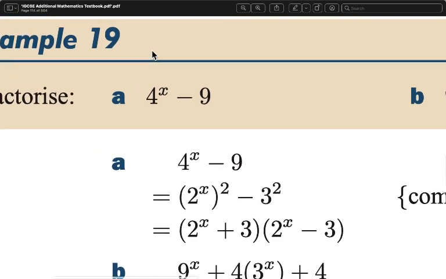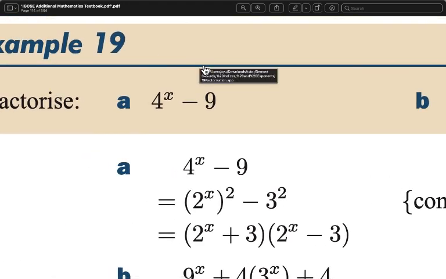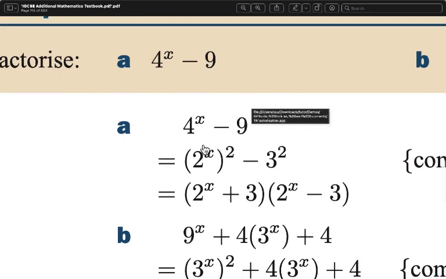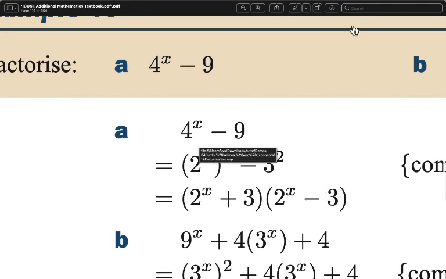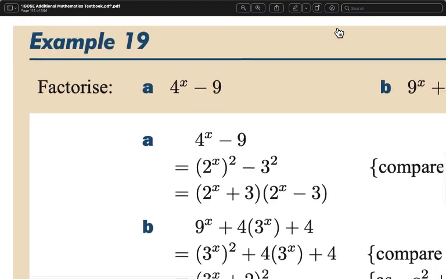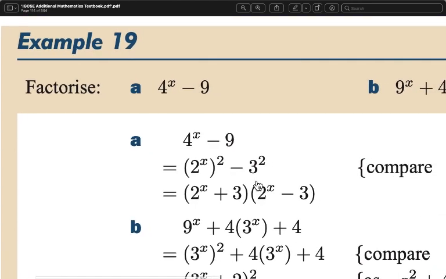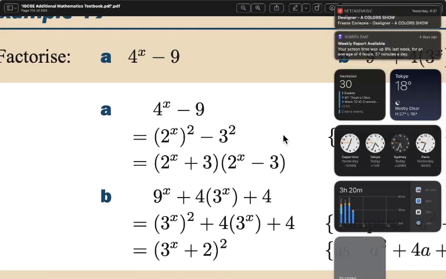So over here, the expression is 4 to the power of x minus 9. Let's look at the properties of 4 and 9 first. 4 is 2 squared, 9 is 3 squared. Breaking it down, 4 to the power of x will equal (2 to the power of x) squared minus 3 squared.